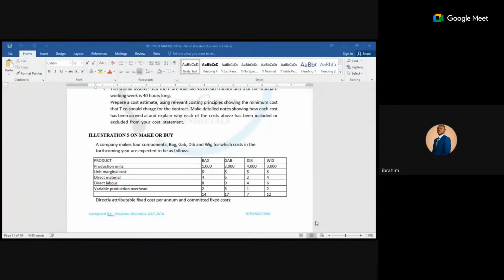Class, that is make or buy. When you are faced with decision making under make or buy, it means that an entity can decide to produce that product in-house or outsource the product. That is make or buy.